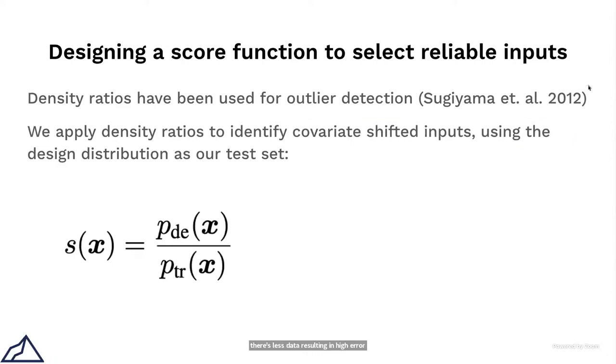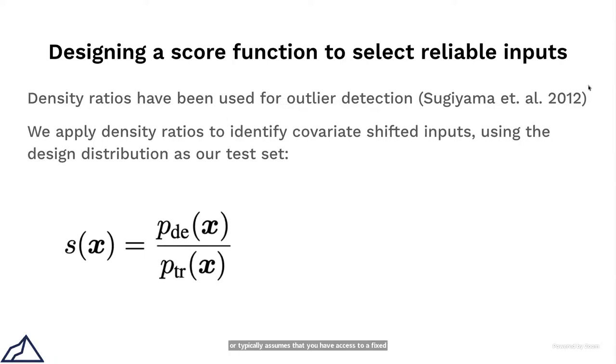So the task we sought out was, can we define a score function that takes as input a particular sequence and outputs a scalar score that tells us whether a prediction for that input would be reliable? Fortunately, covariate shift is a well-studied problem in machine learning, and density ratios in particular have been used for outlier detection. Now, the way it's been used in the past typically assumes that you have access to a fixed test set.